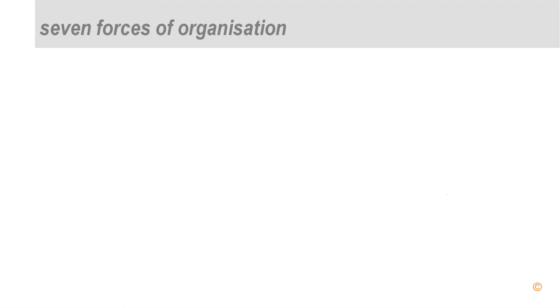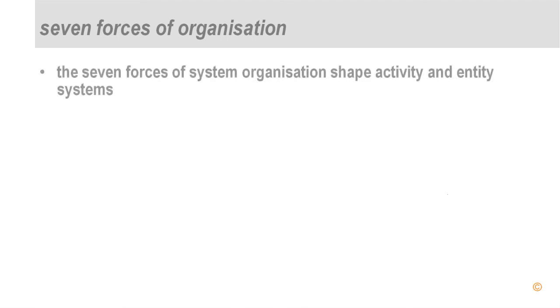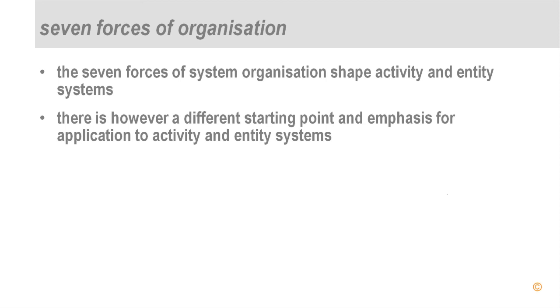The 7 forces of system organization shape both activity systems and entity systems. However, there is a different starting point and a different emphasis for applying them in activity systems and in entity systems.